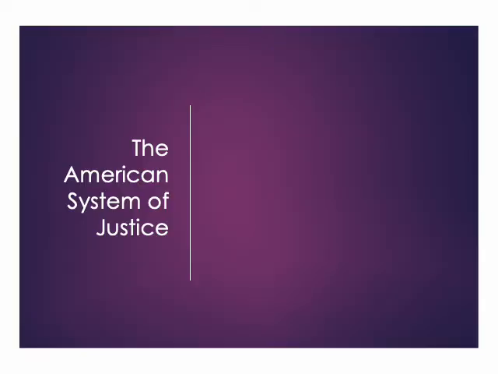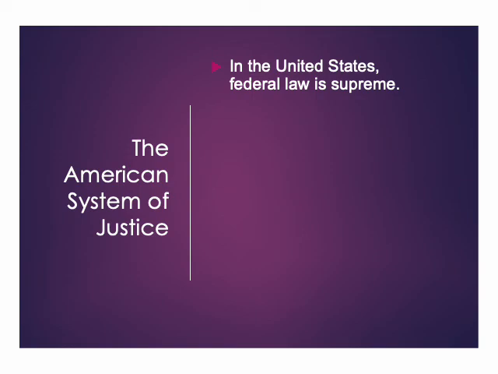Okay, so let's now turn our sights to looking at the organization of the judiciary, the court system in the United States. Now, as we know, in the United States, federal law is supreme, and that is established in the Supremacy Clause, Article 6, Section 2. The Supremacy Clause is basically saying that federal law takes precedence over state law.